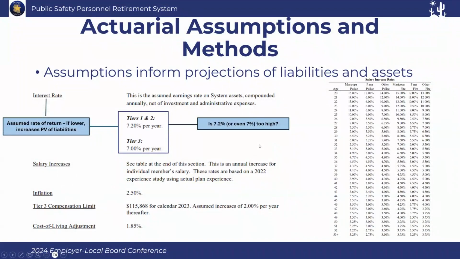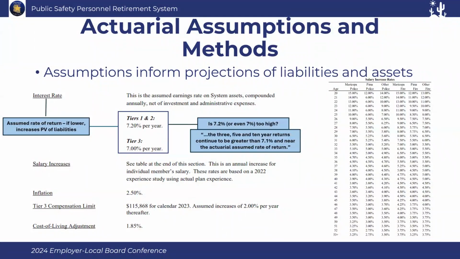There's often a fairly prominent debate out in the media or amongst different folks out there, economists, finance professionals: is 7.2% or even 7% too high for an interest rate in a plan? Well, this comes from our most recent annual comprehensive financial report. The 3, 5, and 10-year returns continue to be greater than 7.1% and near the actuarial assumed rate of return.